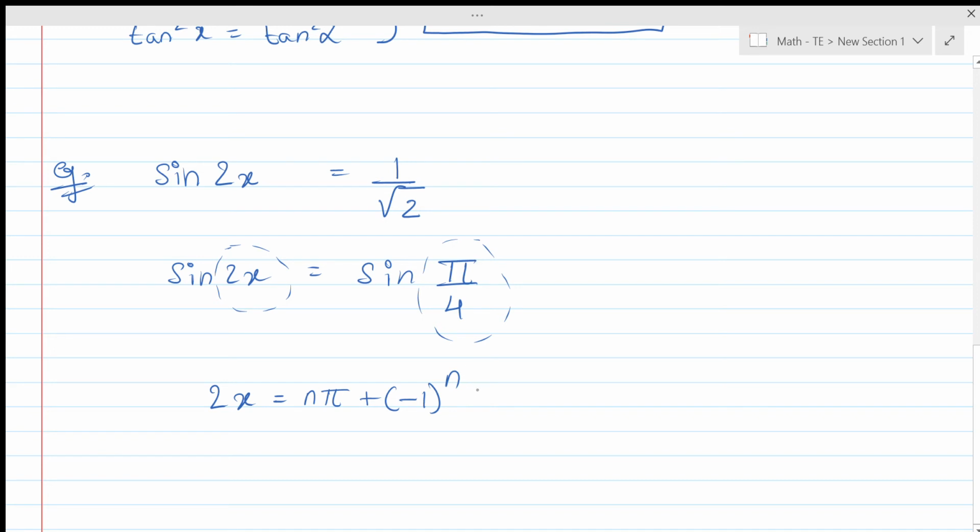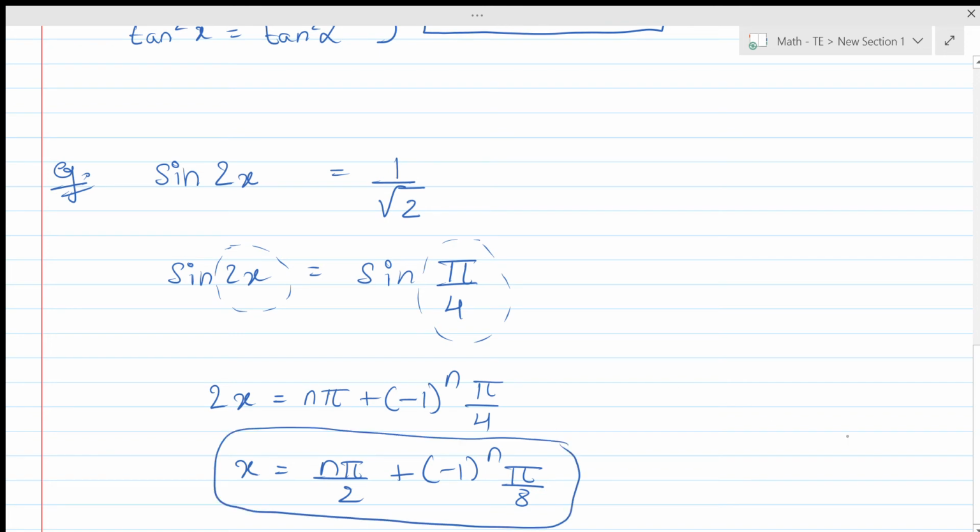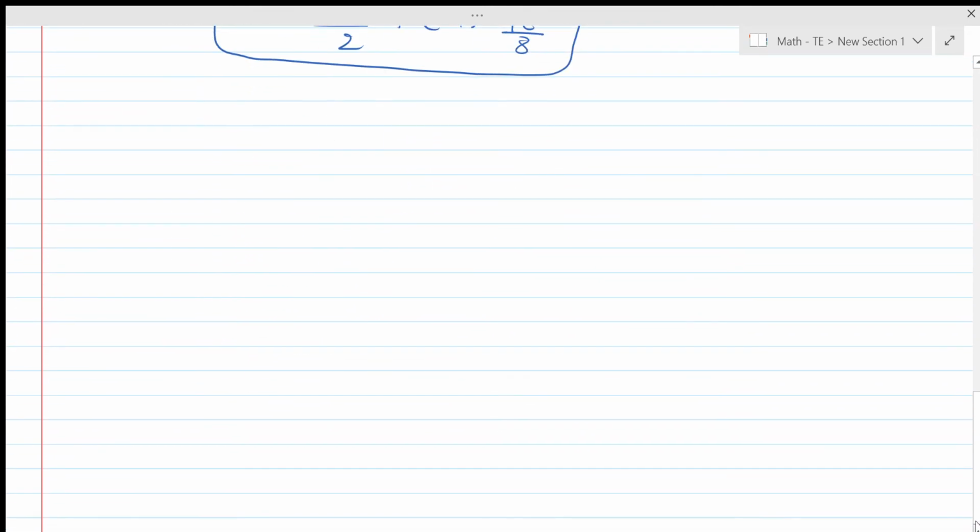Here we have alpha as pi by 4, but we need the x value, so let's divide both sides by 2. We get n pi by 2 plus minus 1 to the power n times pi by 8. This is the general formula for x.